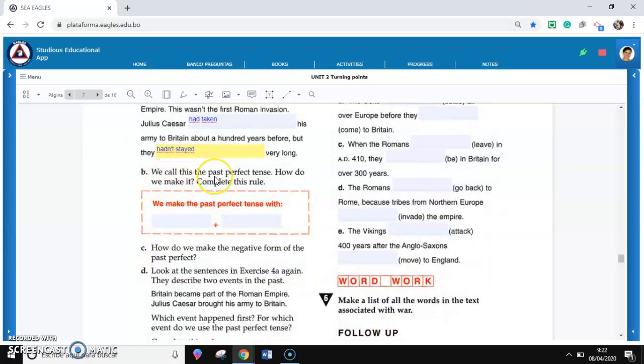B. We call this the past perfect tense. How do we make it? Complete this rule. Do you remember how we make the past perfect tense? We use had plus the past participle form of the verb.